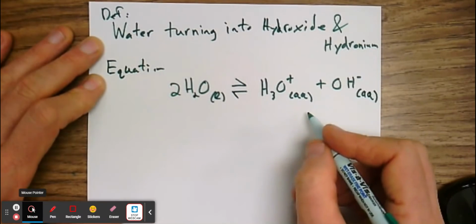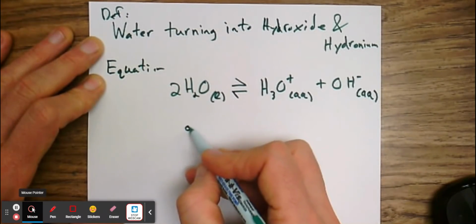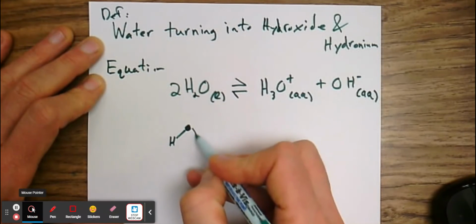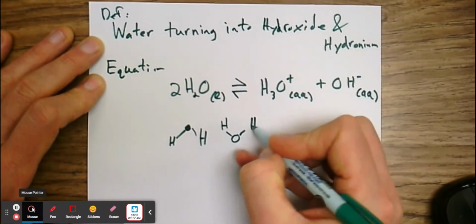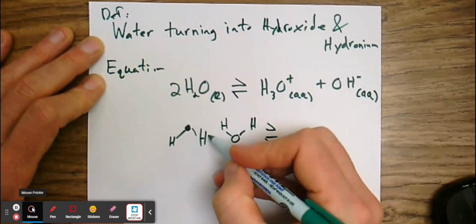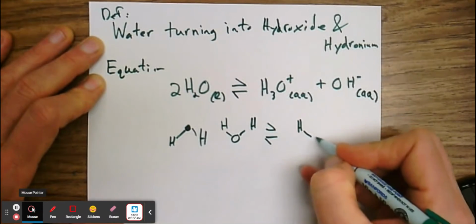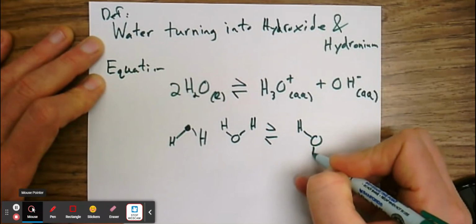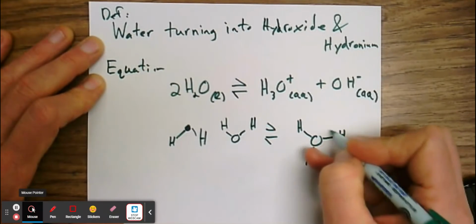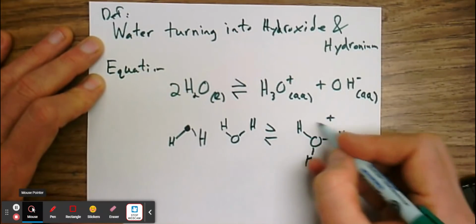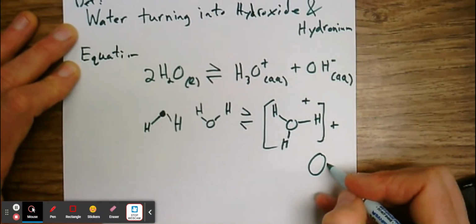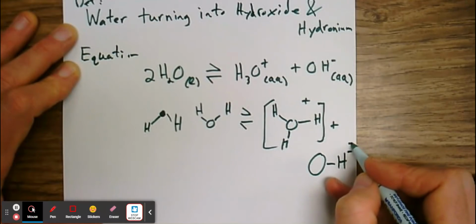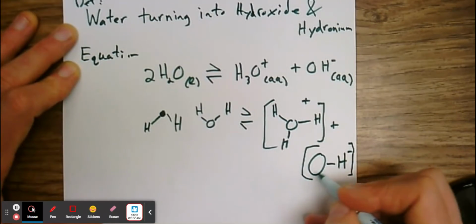That's the equation. A visual is OH H H. All right.